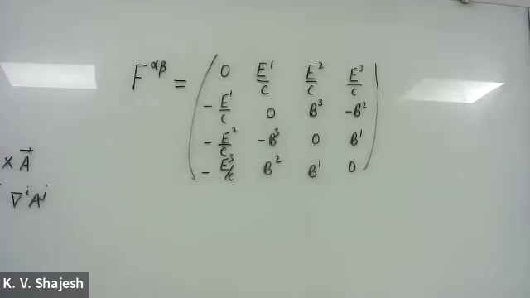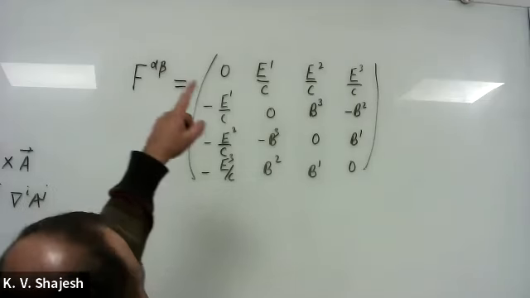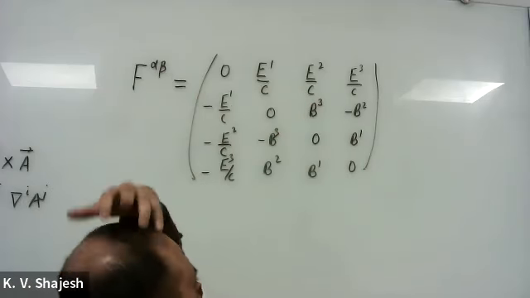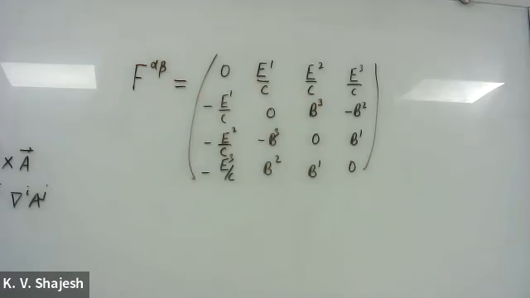So what we have now seen is that the electric field will change, the magnetic field will change, but then what remains the same? We would be interested in asking what exactly remains the same in electric and magnetic field. What should I measure which will be the same irrespective of who is moving around with respect to each other?